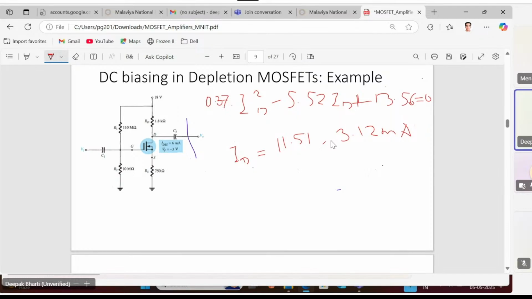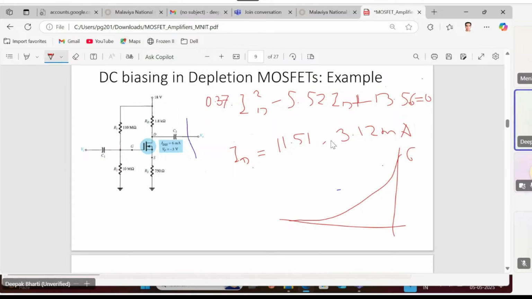Now the question arises that which of the values to be selected. In order to select the proper value, we have to check the transfer curve and the load line equation. So we can draw this. This was the transfer curve.